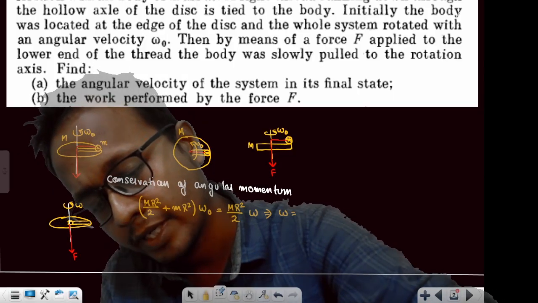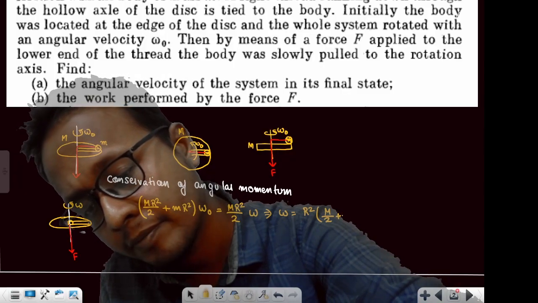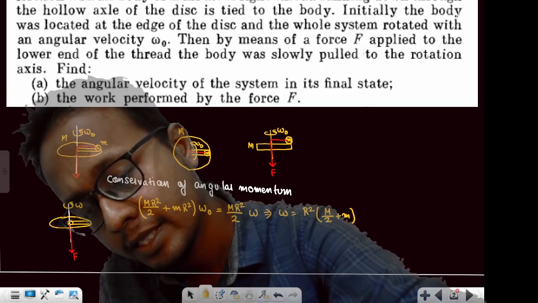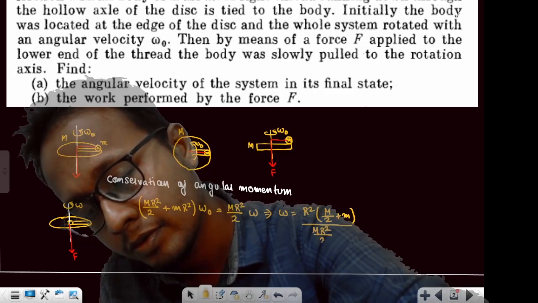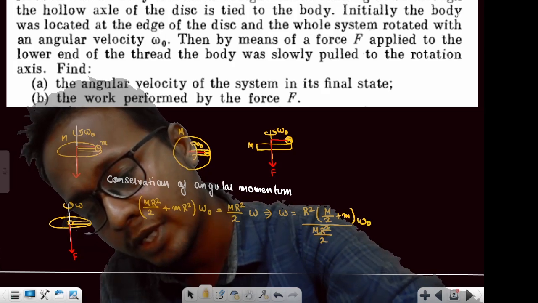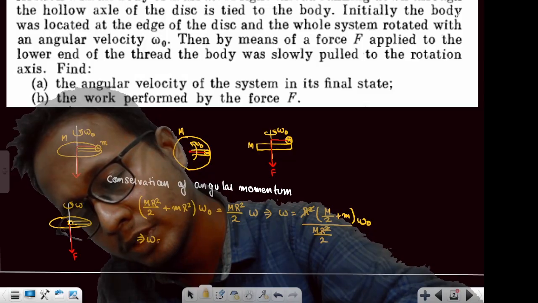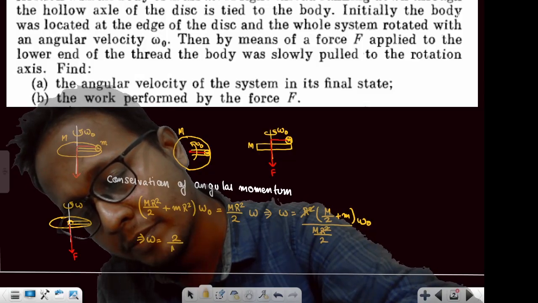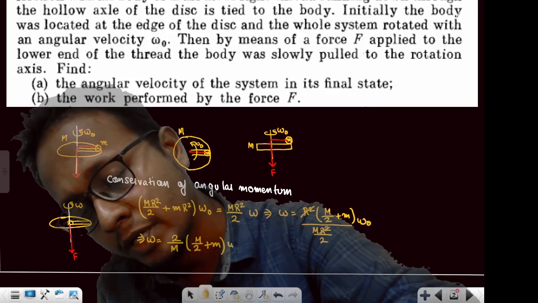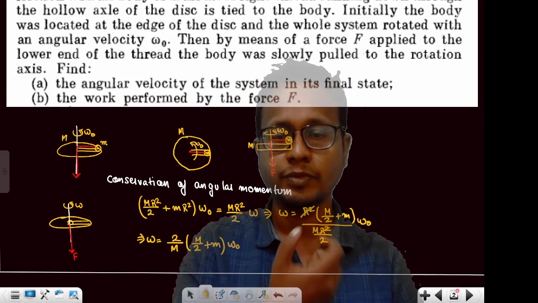If I take r square common, r square into M by 2 plus m, divided by M r square by 2, into omega naught. The r square will get cancelled. So we are left with omega equal to how much? 2 by M into M by 2 plus m into omega naught. Okay, so this is a simplified answer if I solve this one.